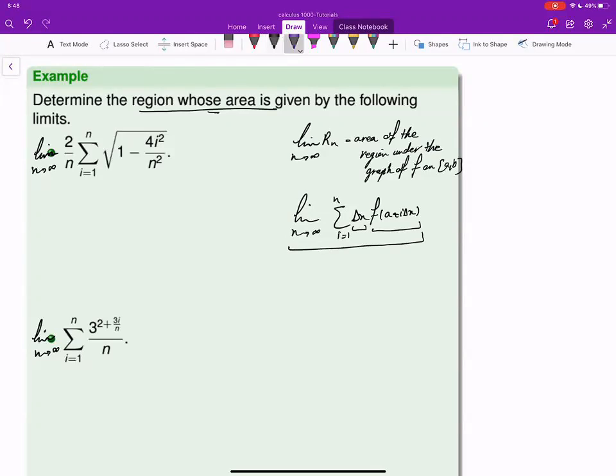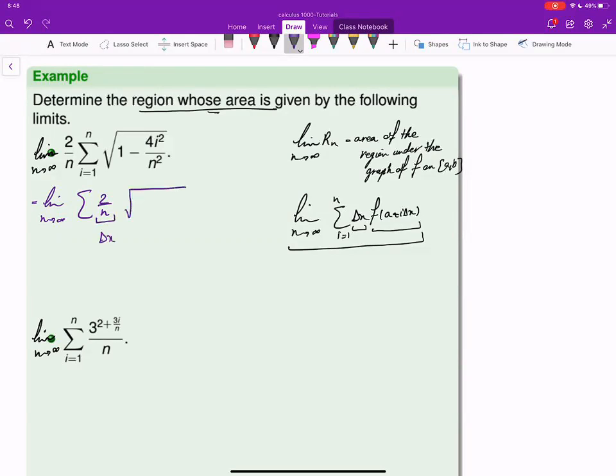The first thing to show here is that I can write this as the limit of 2 over n. Remember, delta x is always (b minus a) over n. So here I'm taking b minus a to be 2, and this is delta x.